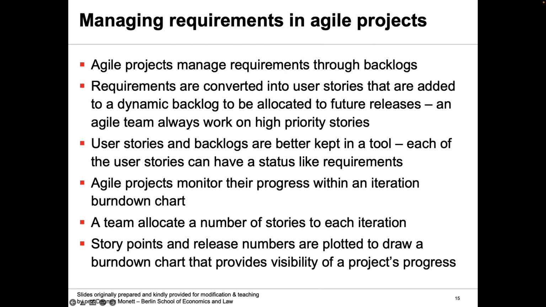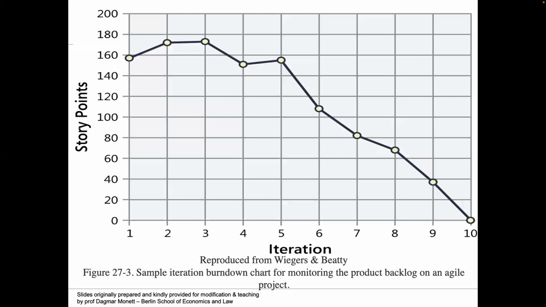So the burn down chart is a visible representation of your project's progress in an Agile approach. So why not we just go straight to this visual representation. So this is what it is.